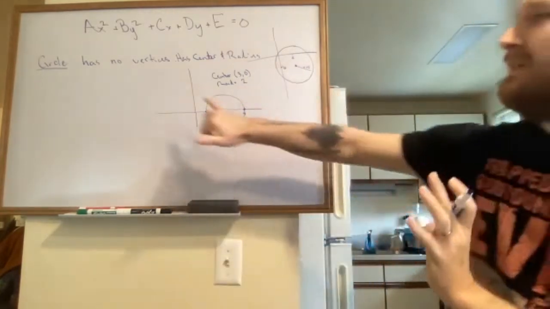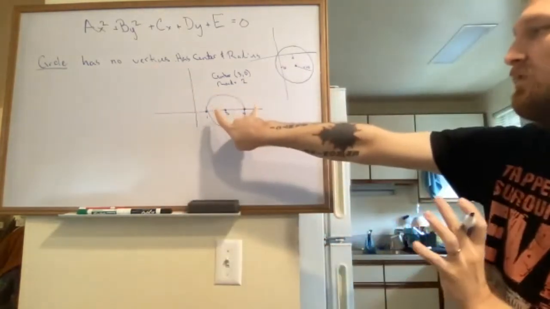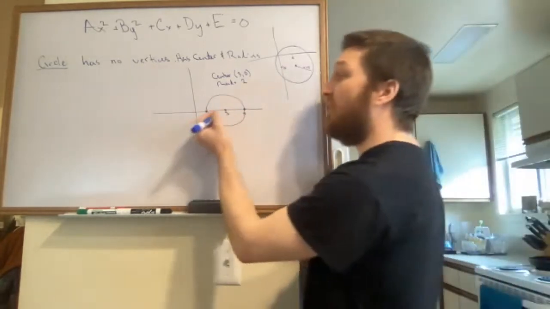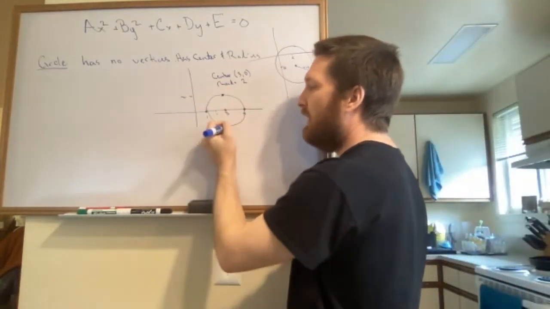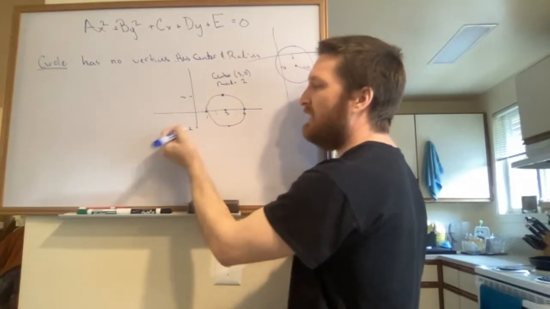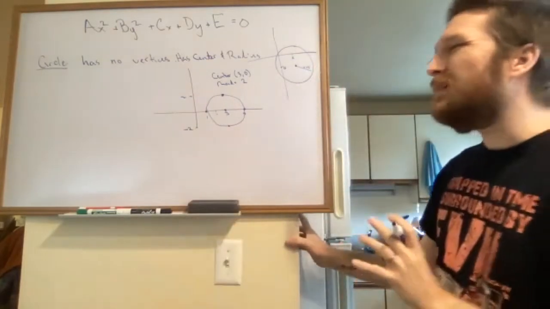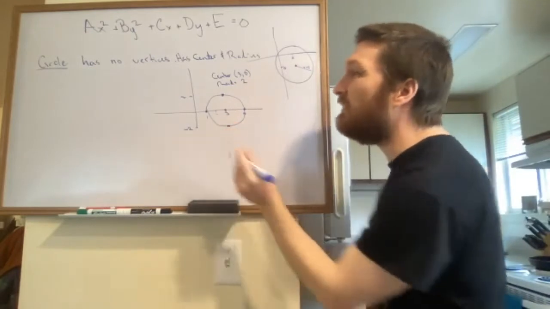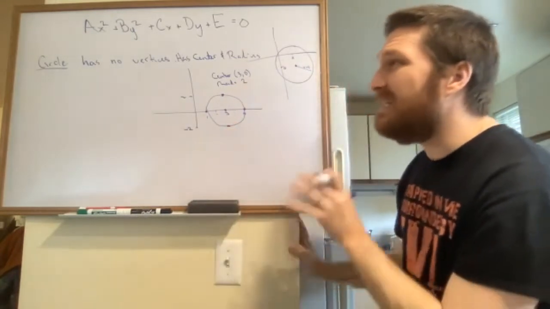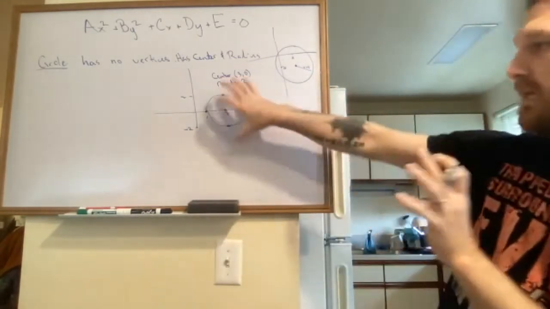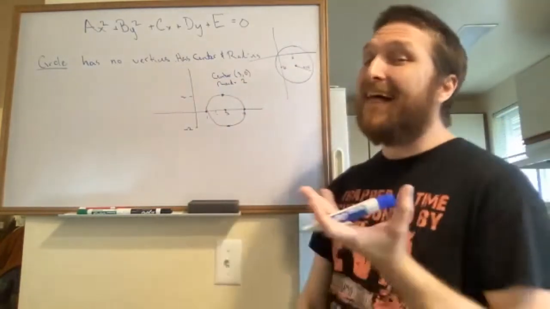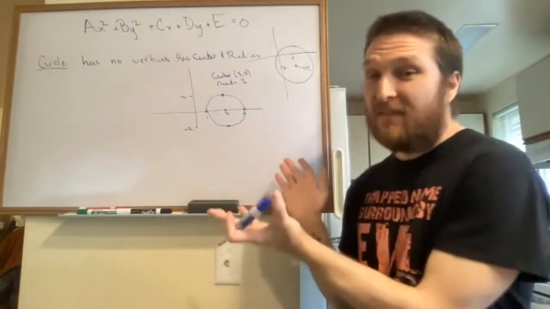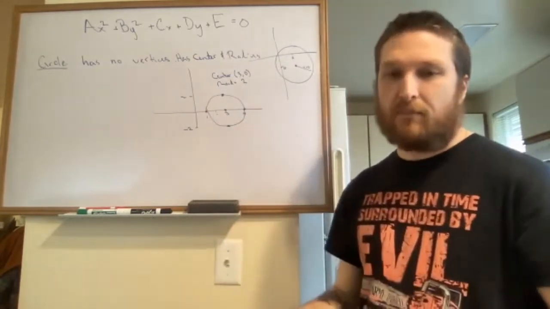But notice, those aren't vertices. It's not necessary that, for instance, you say this one's up at 2 and this one's down at -2. If it's a circle, we don't really think of the circle as having vertices. So it's not necessary to label those 4 points, but it might help you to put them on there, depending on the context of the problem.